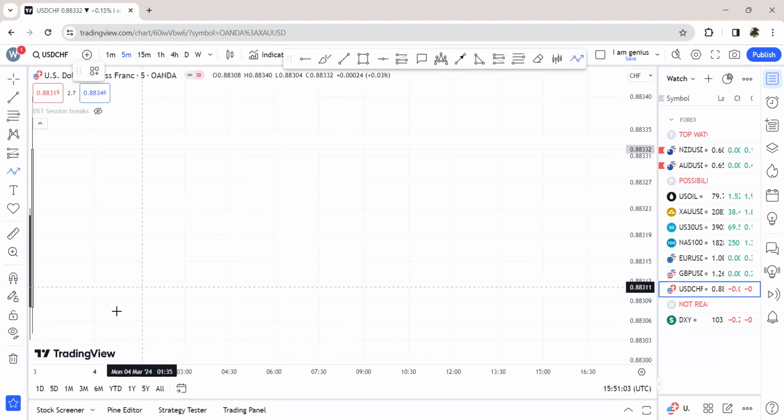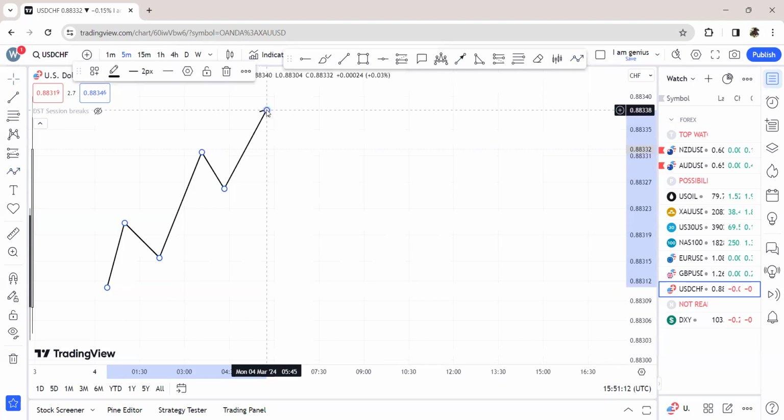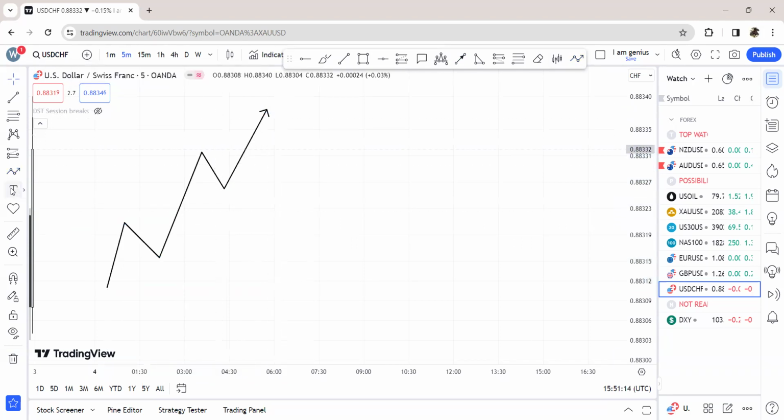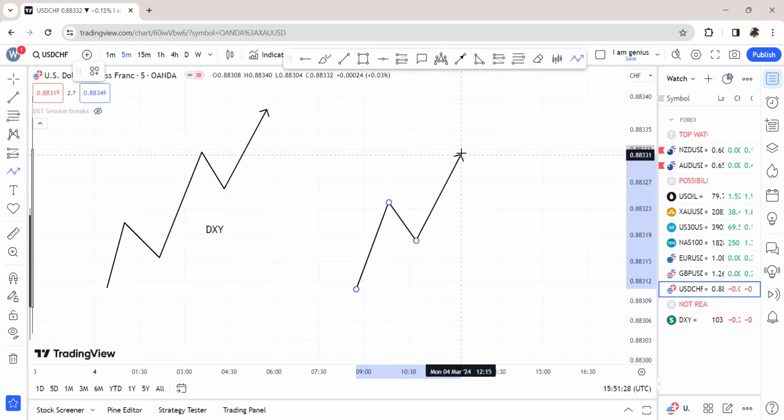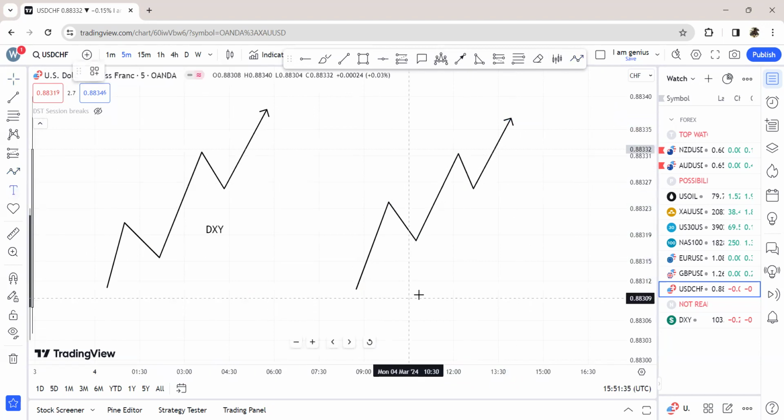Okay. If this is our DXY, clearly it's moving in an uptrend like that. Then, so I'll just put it here, DXY. We expect anything that has the dollar as a base. Dollar as a base just means the dollar is the first currency that you're able to see in any given pair.